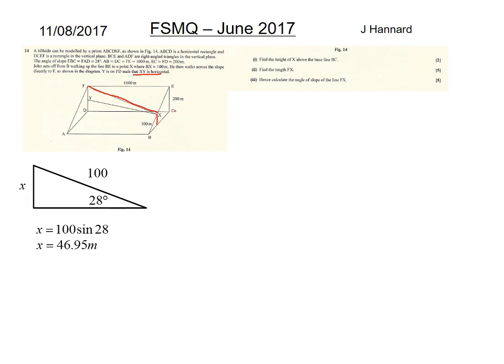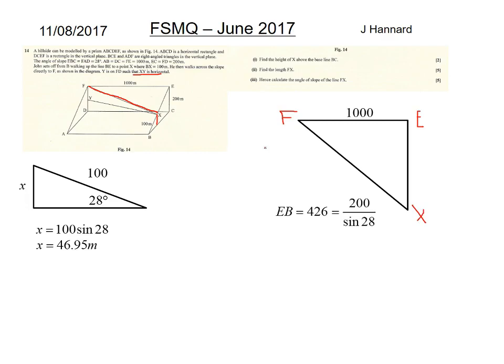So I drew another right-angled triangle and I said that that's 1,000. So what I'm thinking of here is that that's E, that's F, and that's X. So then what I said is that EB is 426, which is this line here, which is equal to 200 over sin 28 because we've got the 200 there and we've got the angle.